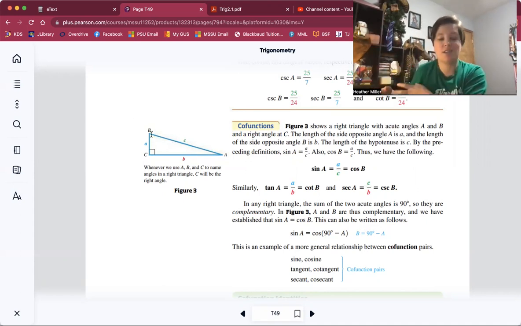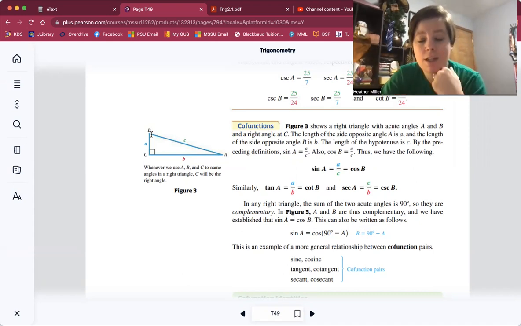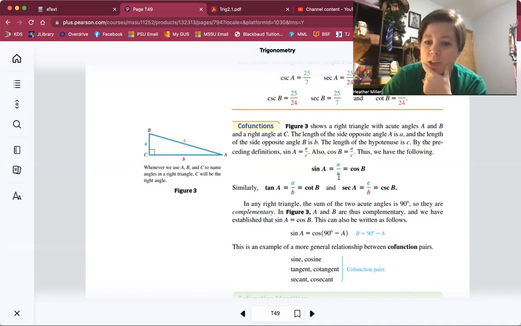Usually we draw our theta down there in the bottom corner, but theta could be in either of the two corners that aren't the right angle. So what if theta was up here in angle B and we talked about the cosine? The cosine of B would be adjacent, which is a, over the hypotenuse, which is c.